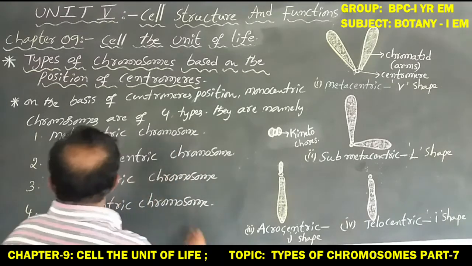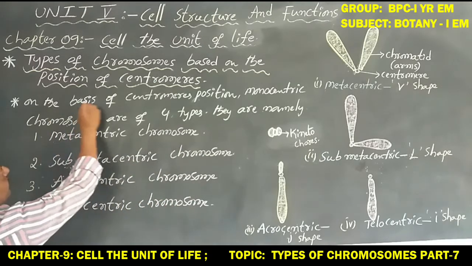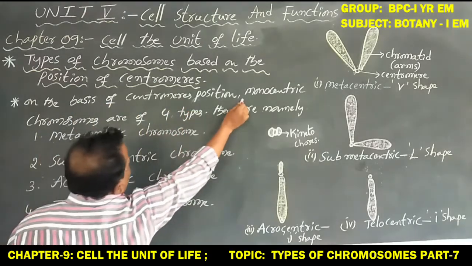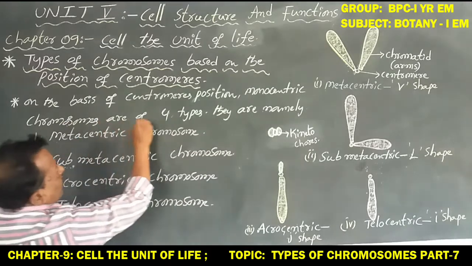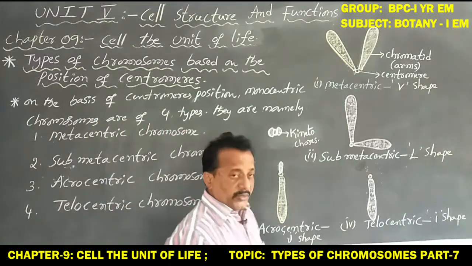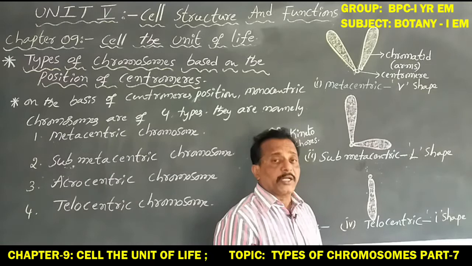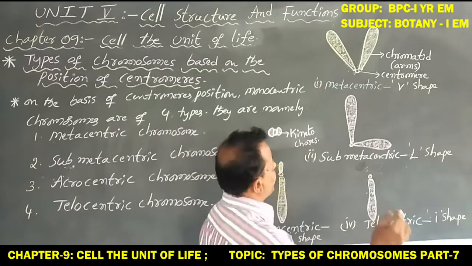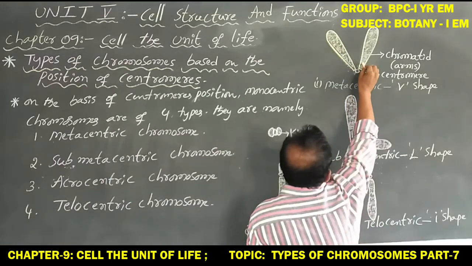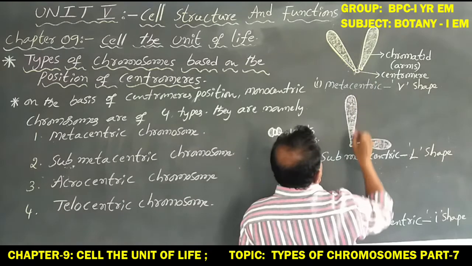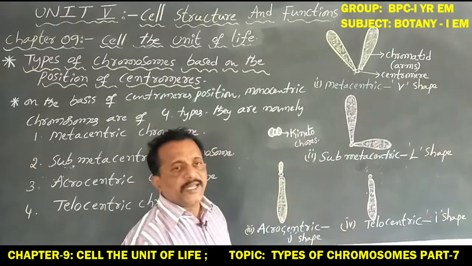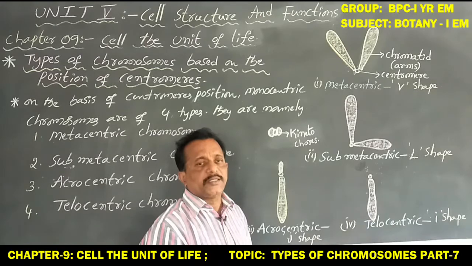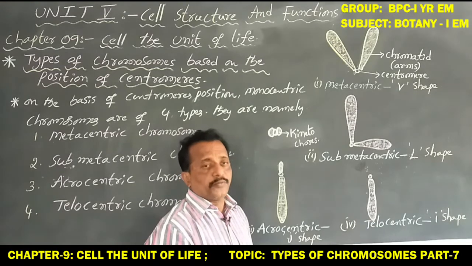On the basis of centromere position, monocentric chromosomes are of four types. What is the meaning of monocentric chromosome? A chromosome containing a single centromere is called a monocentric chromosome.